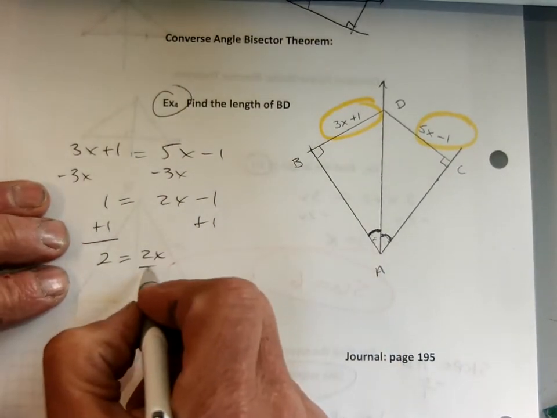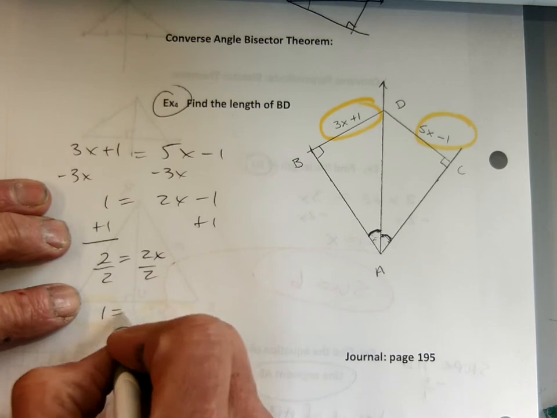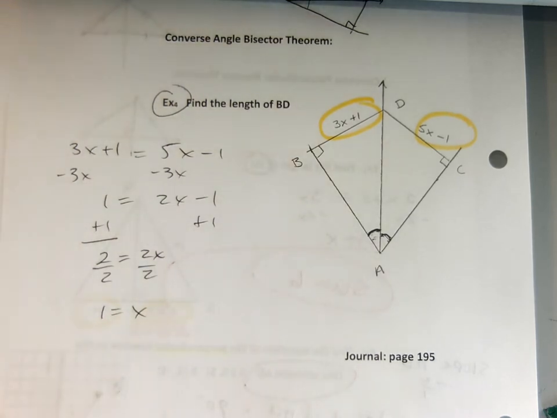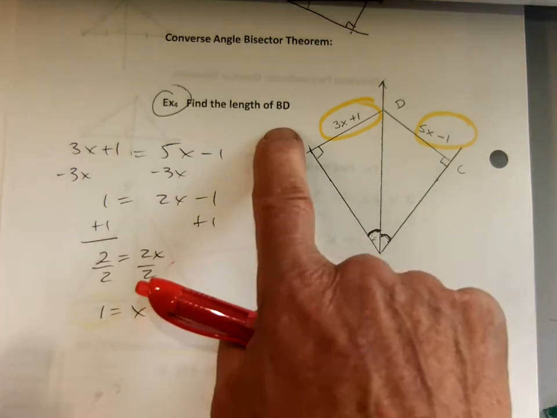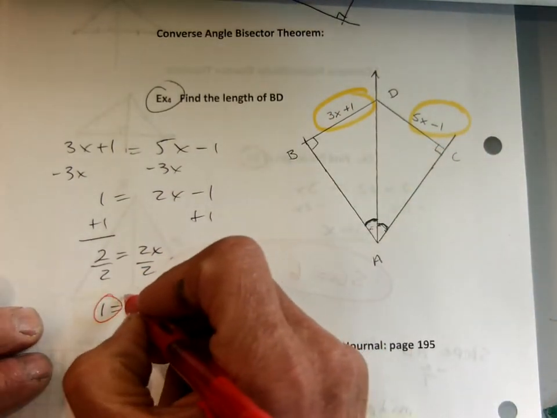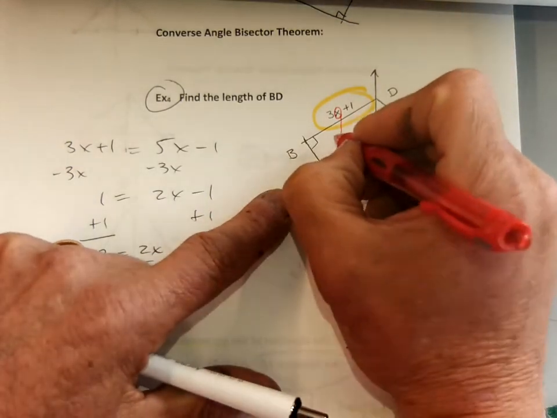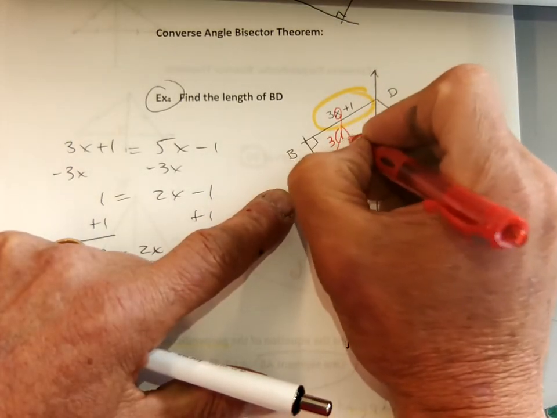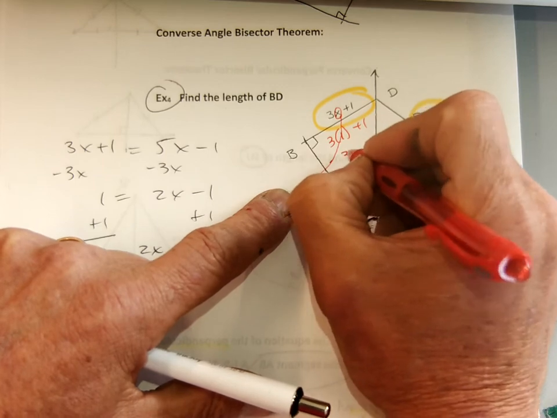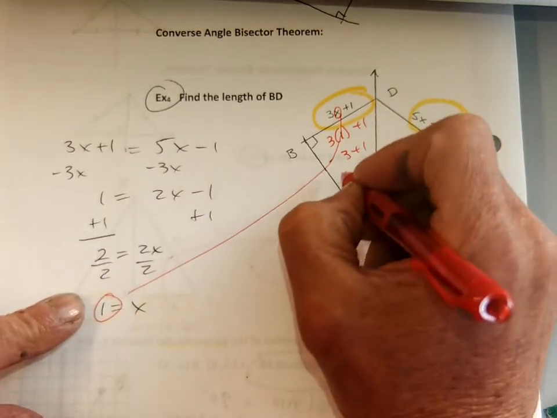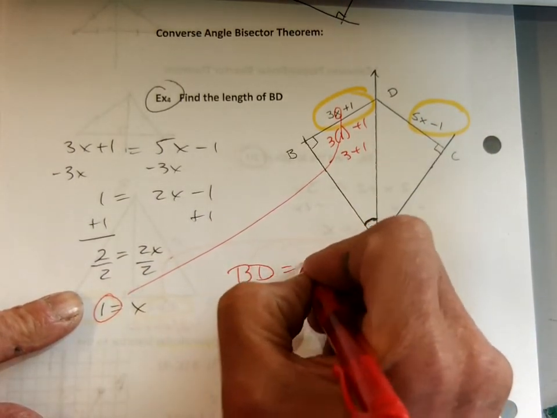Divide by 2, and x is equal to 1. Now that's not the answer, because the question is, find the length of BD. So I'm going to plug 1 in for x in BD, so I'll have 3 times 1 plus 1, which is 3 plus 1, so the value of BD is equal to 4.